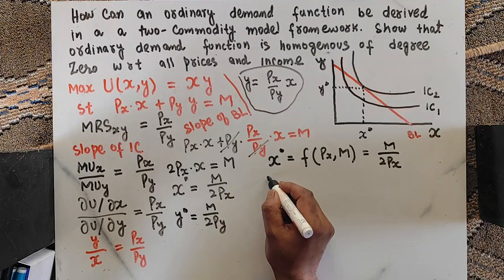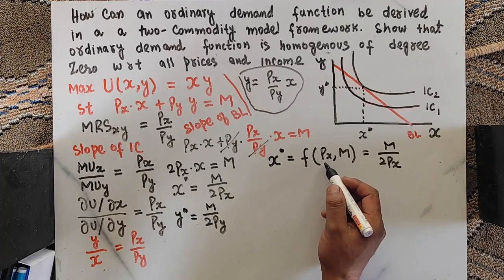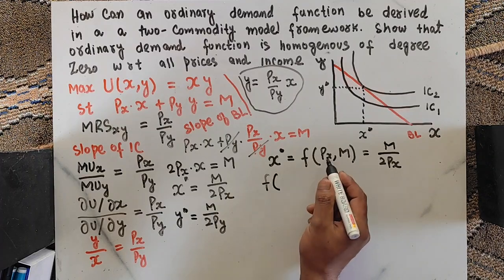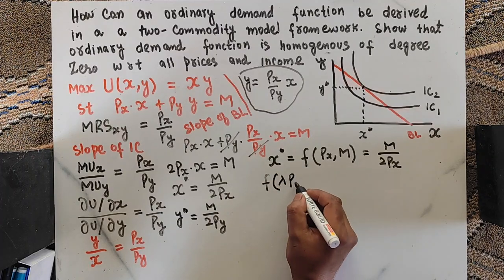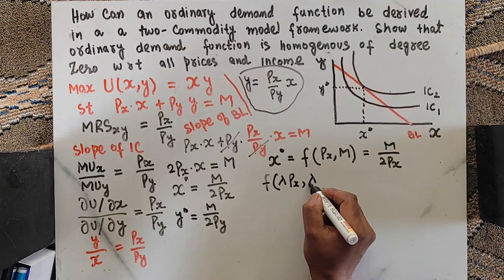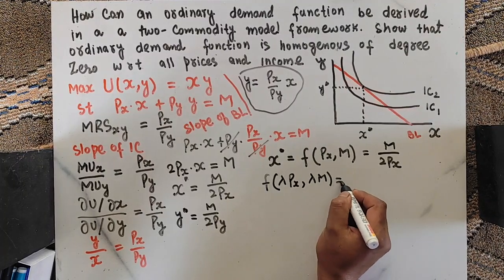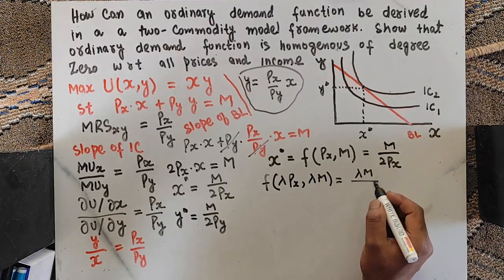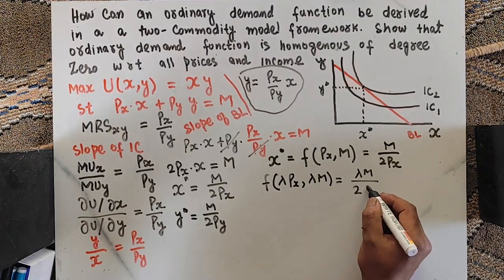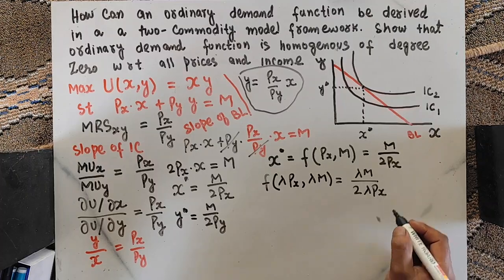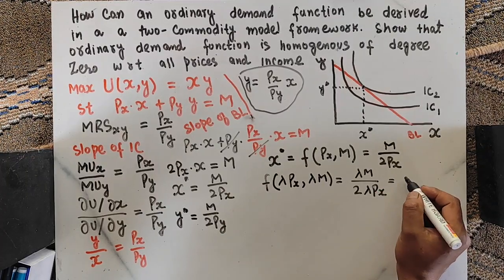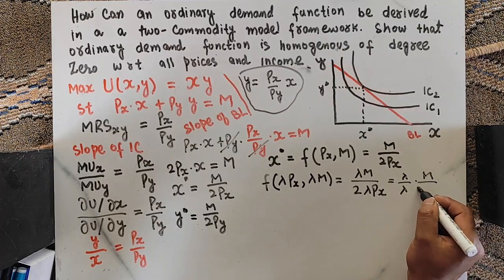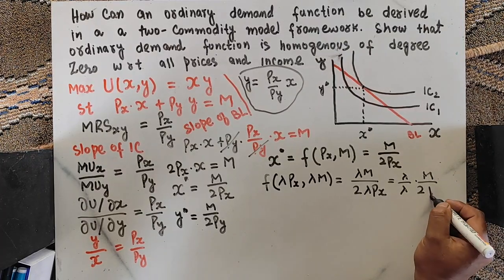That means what will we do? If we increase both the price of x and income by some constant factor, that is, if I increase the price of x to lambda px and income to lambda m, that means in place of m we have lambda m, and in place of px we have lambda px. So we have lambda upon lambda times m upon 2px.